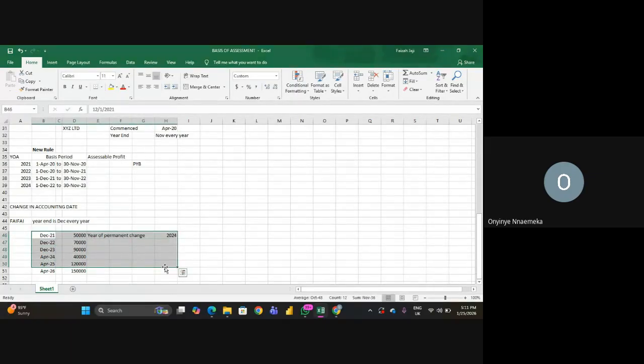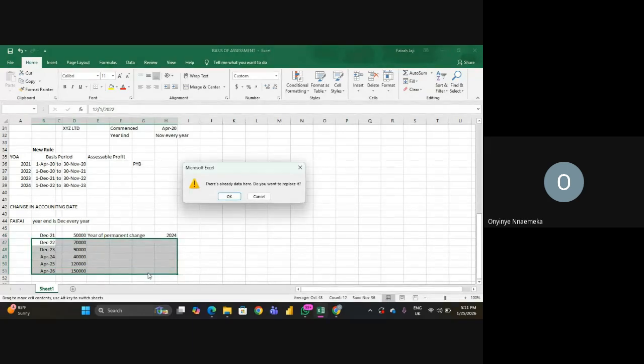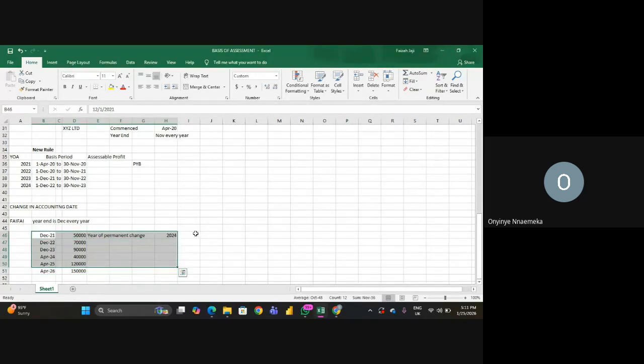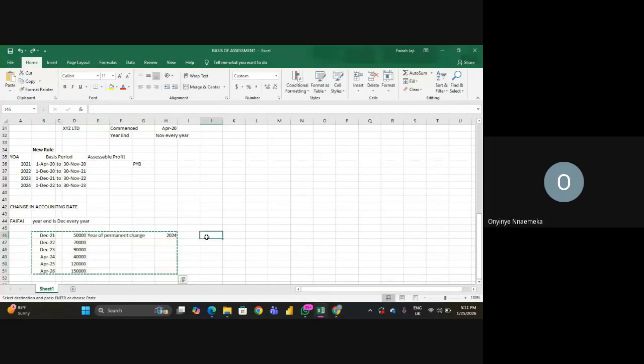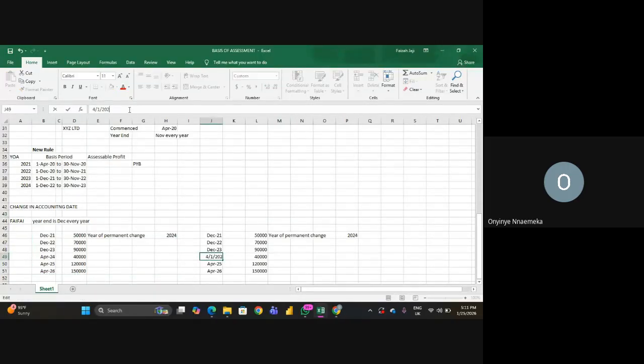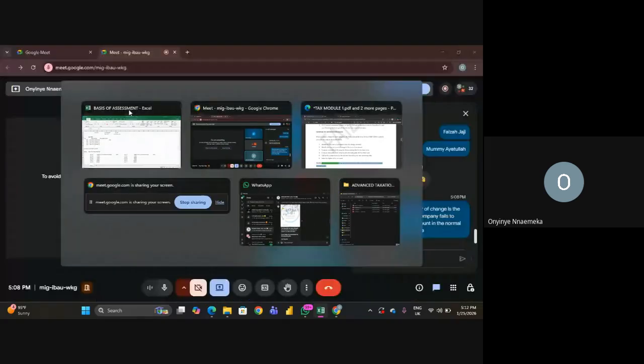So now this same example can come in this form. Let me copy this. I want to copy it, not move it. Okay. So now, if this year is not 2024 but 2025, 2026, 2027, what is the year of permanent change? Can somebody tell me?